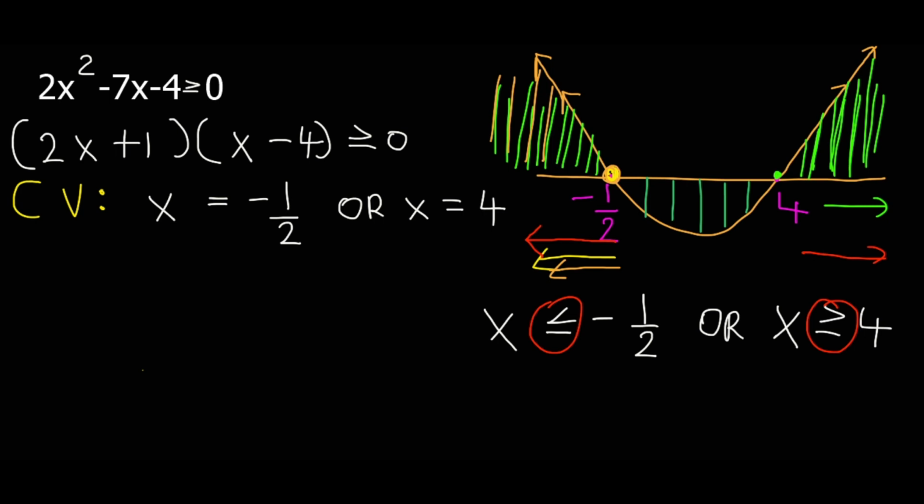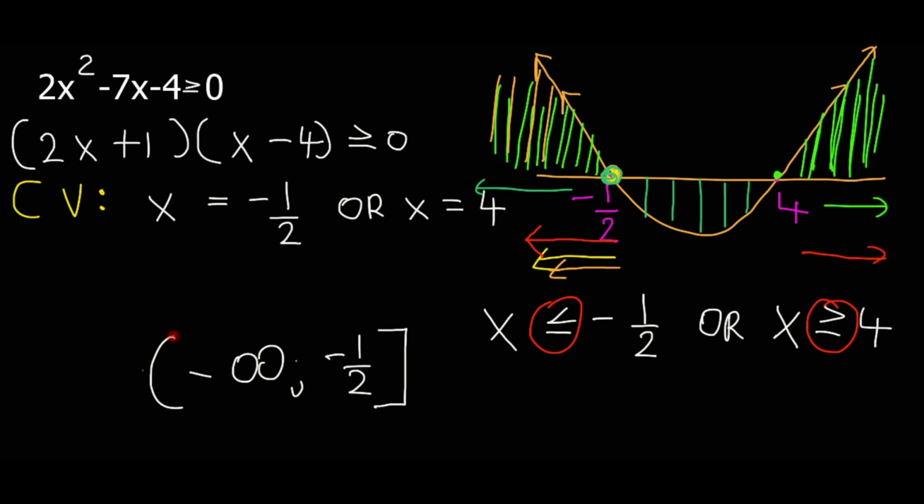If you want to write it using interval notation, you will say negative infinity and then negative half, and it is included. This represents our solution here, negative half going to the left, until where? Remember going to the left is negative infinity. So that is why here negative half until negative infinity.